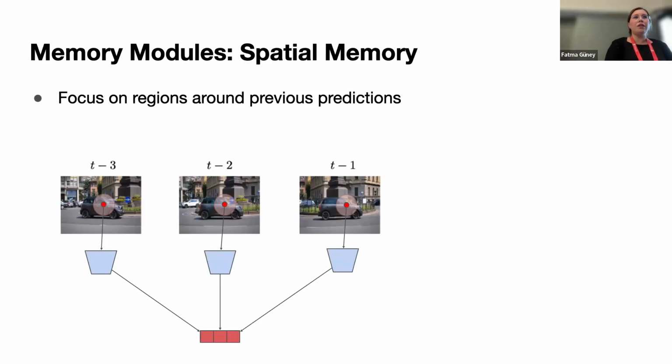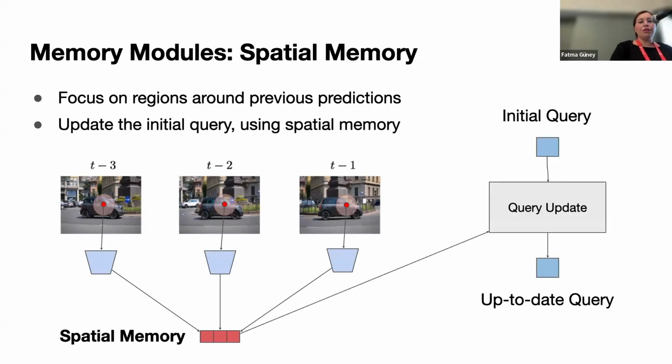Spatial memory is just like a queue, like a FIFO, first in, first out, right? And then we update the initial query using the information from the spatial memory. Now, the initial query can look at previous predictions, like how they looked in the past, and then use this information to update its appearance. Like we are incorporating temporal information from past predictions.